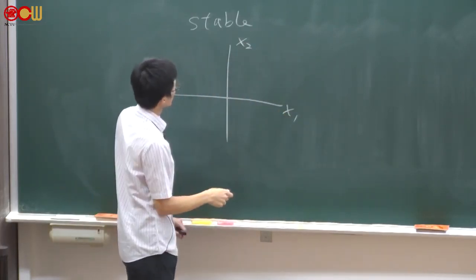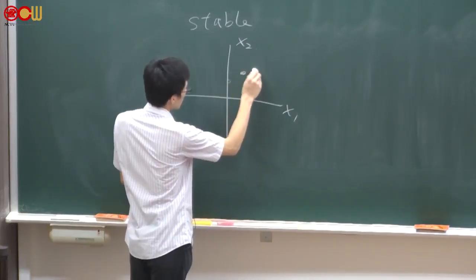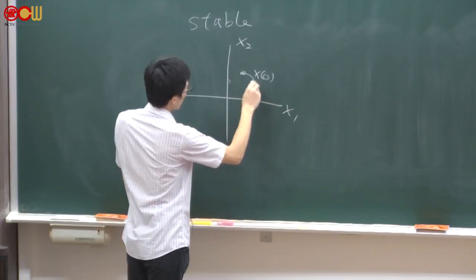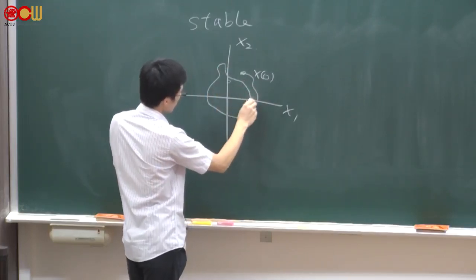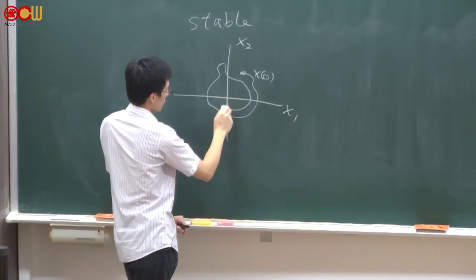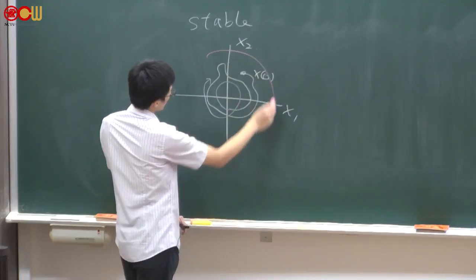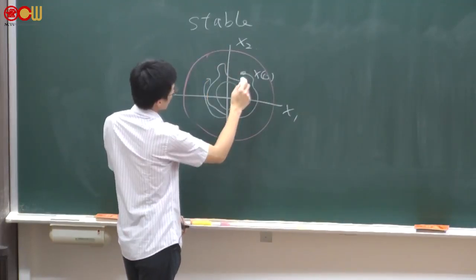The phase portrait for a stable system is like you start from here, and the trajectory doesn't necessarily converge to the origin, but it remains bounded within some distance.